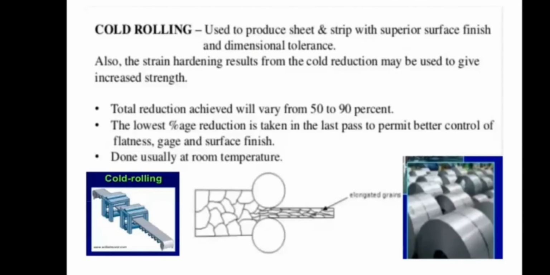In cold rolling, elongated grains will be obtained and strain hardening will take place. You will not get a finer grain. If you get a finer grain, then ductile property is present in the material. If you get an elongated grain, brittleness will be present in the material. Cold rolling induces brittleness in the material.